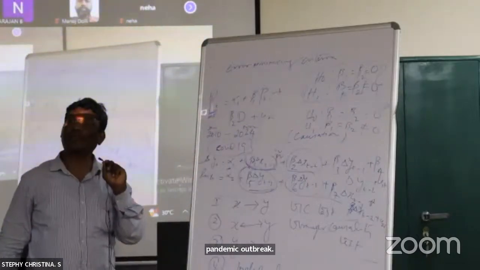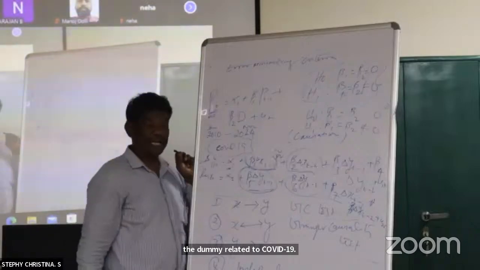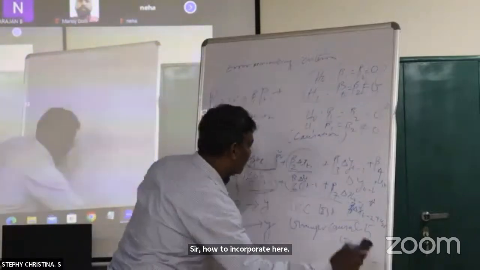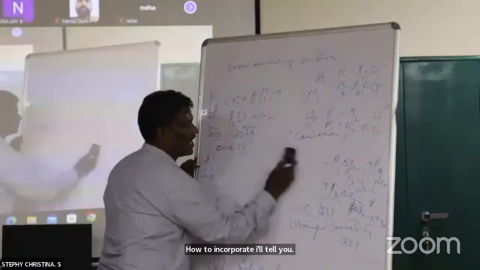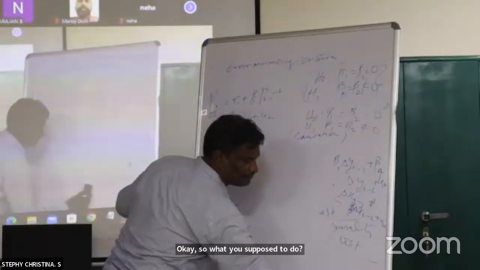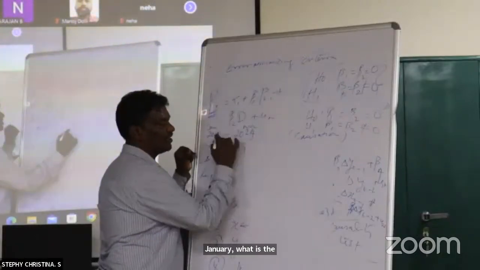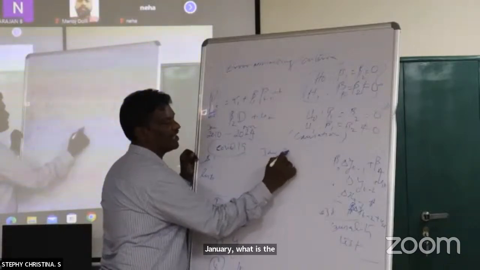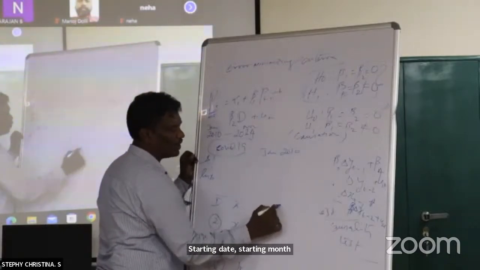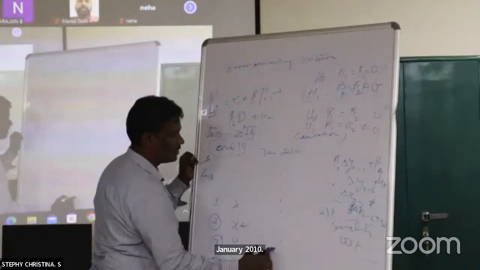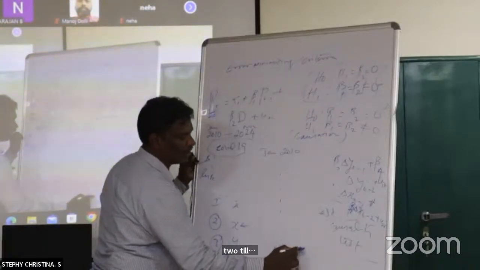Sir, how to incorporate it here? I'll tell you. What you are supposed to do: the starting month is January 2010, till November 2024.